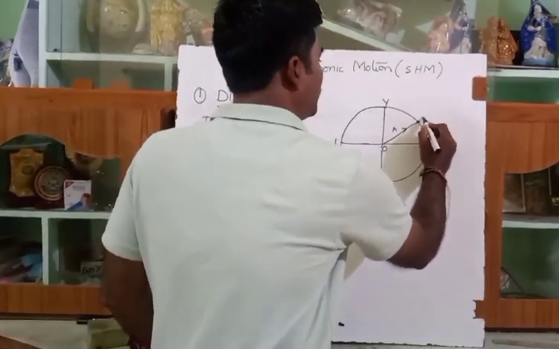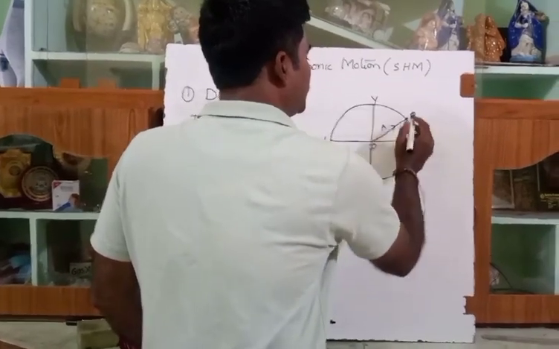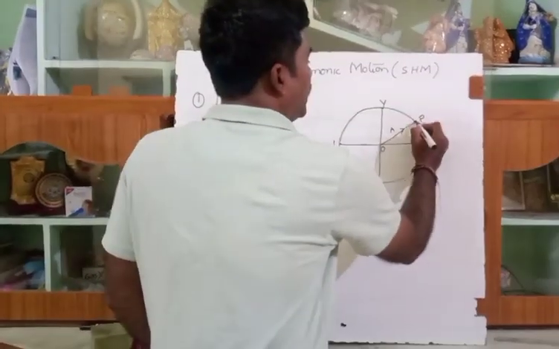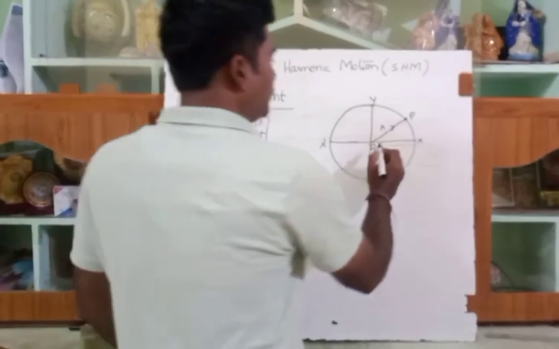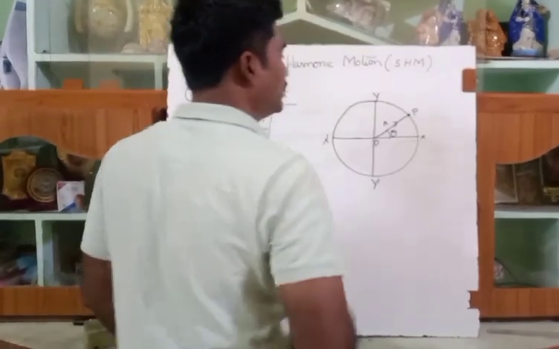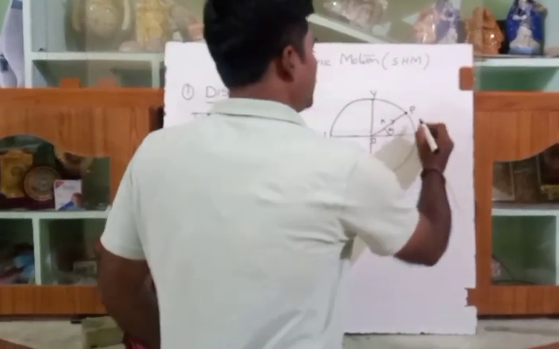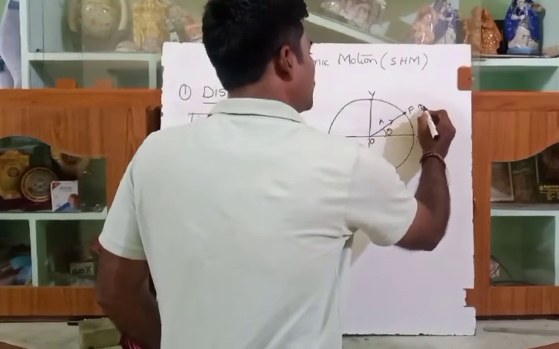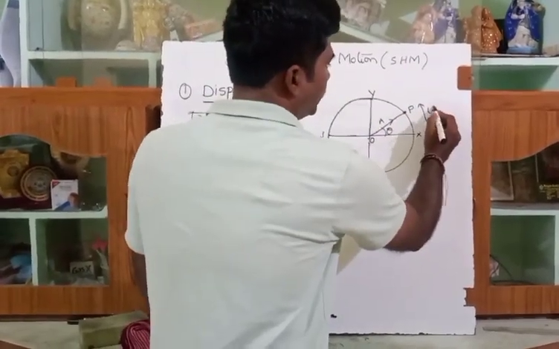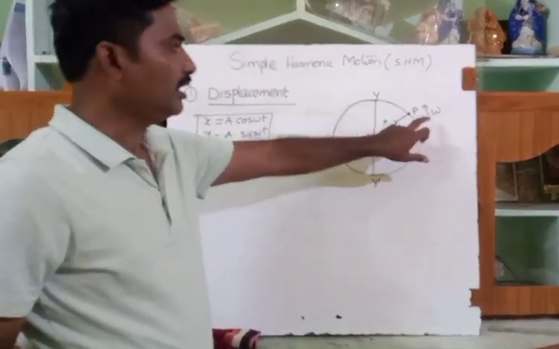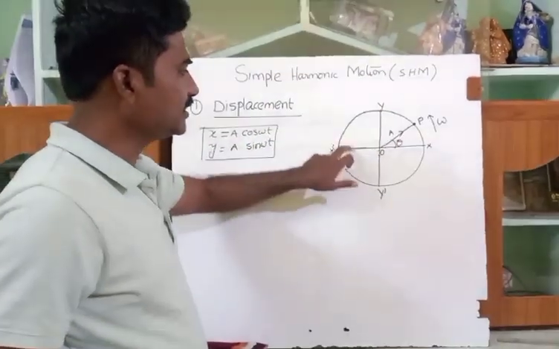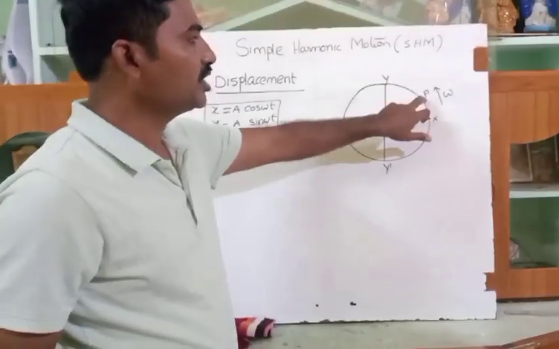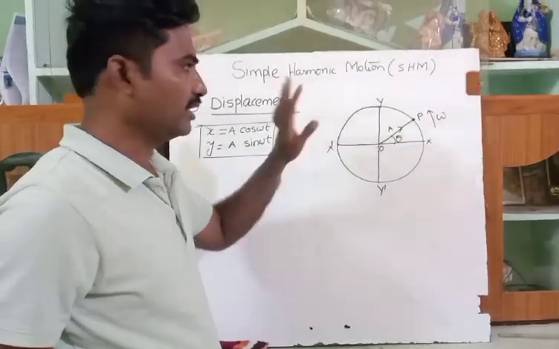Let us consider a particle P at this position making an angle theta at a time t, when the particle is moving with a velocity omega along the circumference of the circle, the position of the particle is changing.